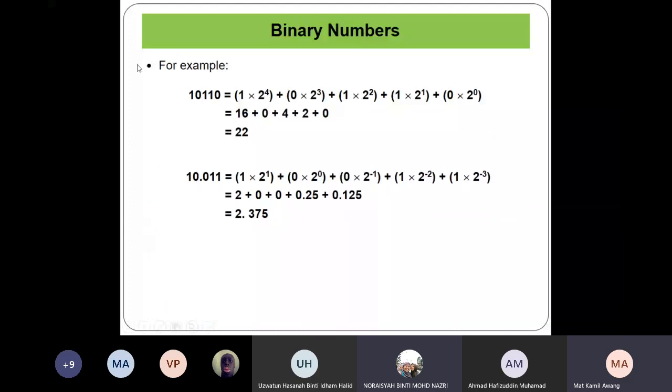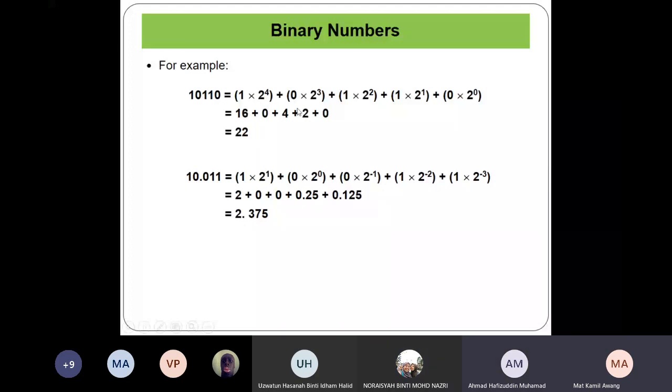You have 1, 2, 3, 4, 5 digits. So you start from the right: 0 times 2 to the power of 0, 1 times 2 to the power of 1, another 1 times 2 to the power of 2, the next one 0 times 2 to the power of 3, and 1 times 2 to the power of 4. You set up this equation, basically starting from the back. Then after that, you can just calculate.